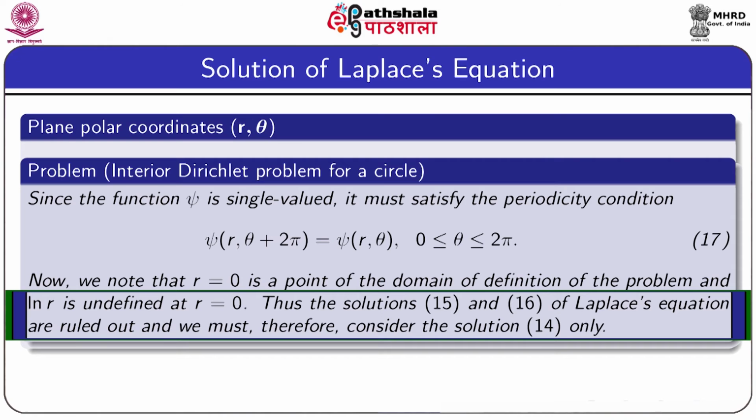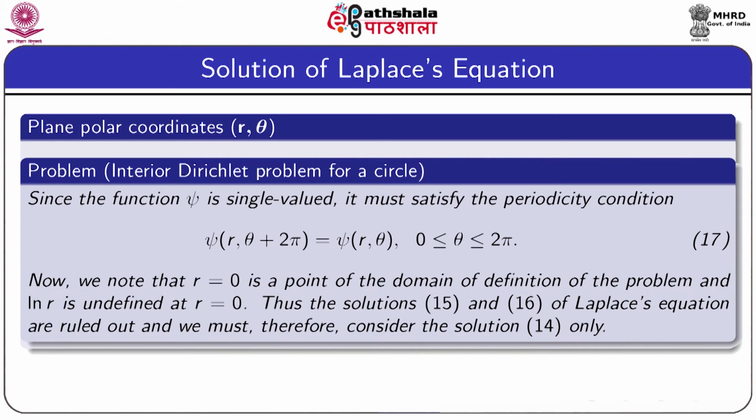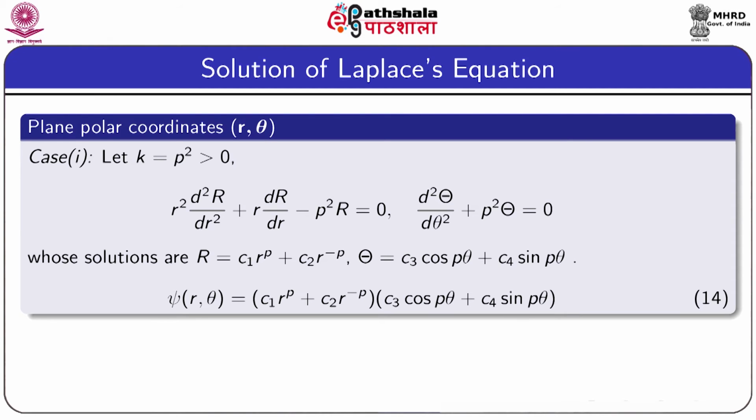So, the solution in polar coordinates can be written in 3 different forms. We have already derived that. If you look at the form which is written in equation 14, this solution is undefined at r equals to 0.